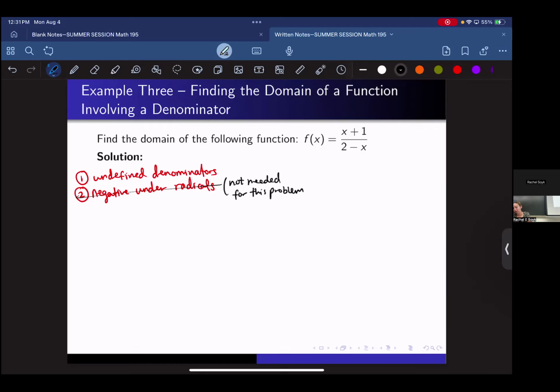But do we have a fraction and do we have a denominator? Yep, so we need to utilize that first one. We really just have to hone in on the denominator. We don't need the numerator at all. And we make sure, okay, our denominator can't be 0, so what makes it equal to 0?